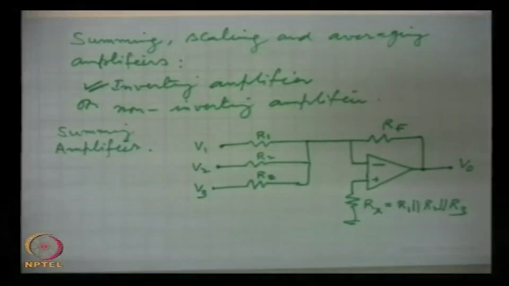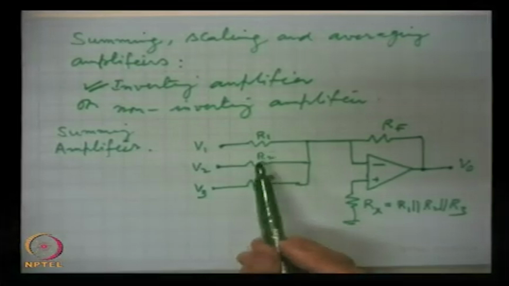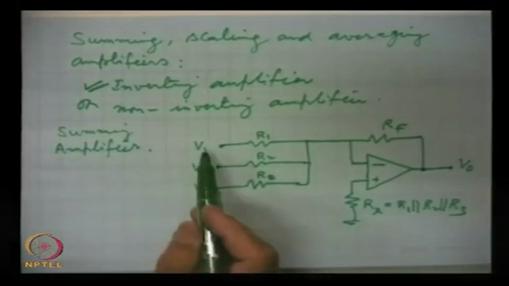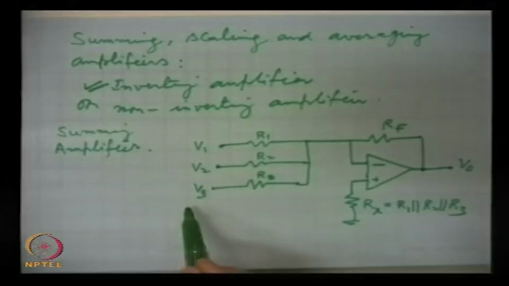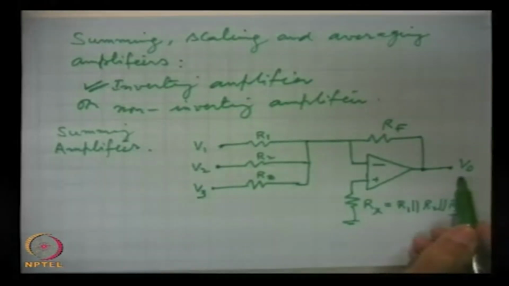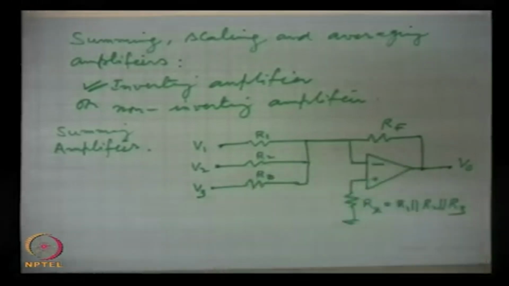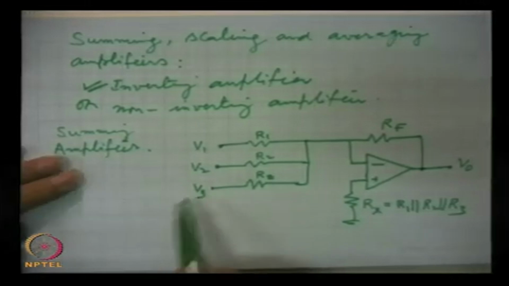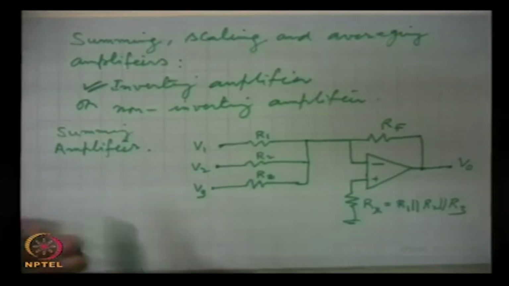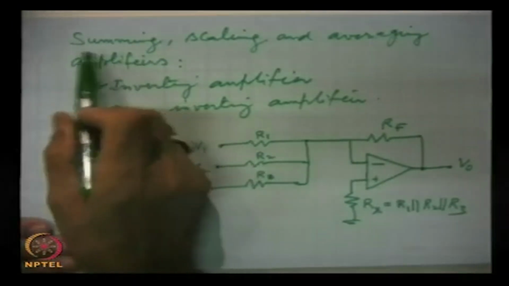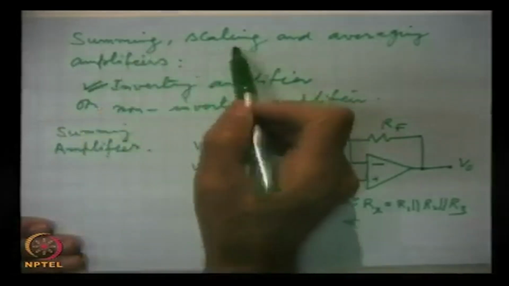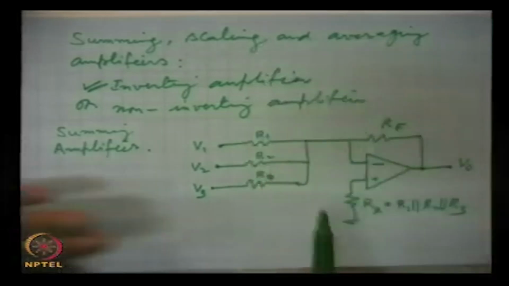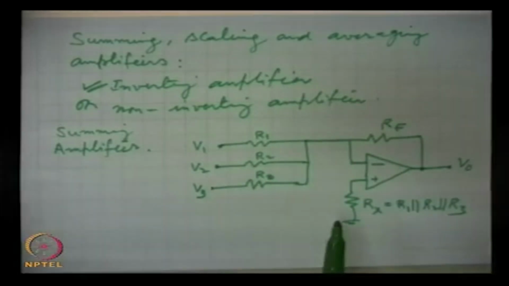And as I said, we have taken for simplicity 3 inputs: voltages V1, V2, V3, output V0, and this is an inverting amplifier. Now, first I take a general expression, and then one by one we will go for summing amplifier, scaling amplifier, averaging amplifier, small modifications in the 3, but major thing is the same.